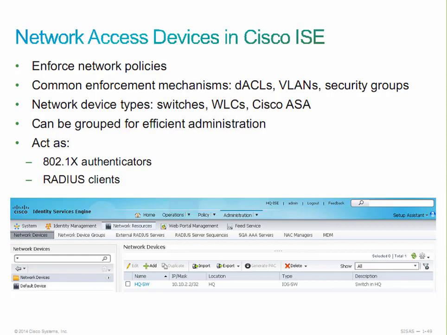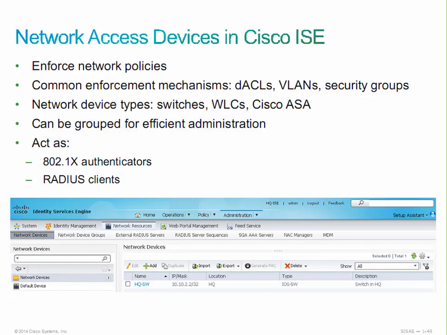It might even store some of the policy parameters like downloadable ACLs and whatnot, but then it pushes out those policies to the network access device, and the network access device is then directly responsible for implementing and enforcing those options. Could include dynamic VLAN assignment, downloadable ACLs, the application of security group tags, and so on.